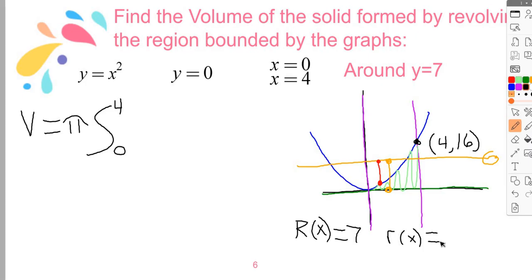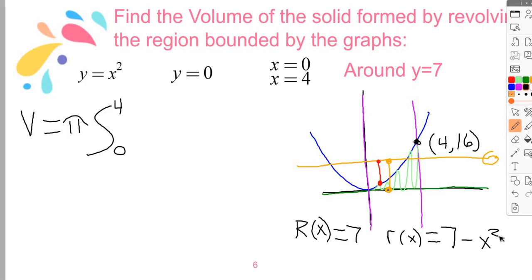Correct. So remember that our distance between two things is, I subtract them. Specifically, we go top minus bottom. So it is 7 minus x squared. Notice that it's not just x squared, because x squared would give me the length of the stuff below that, which is not what I want to subtract off.